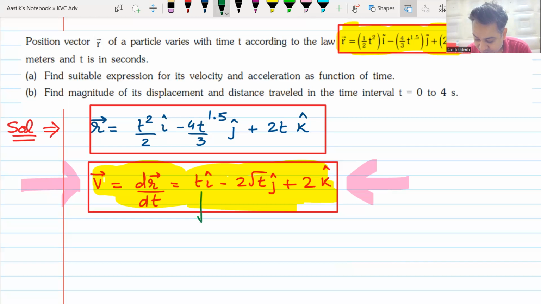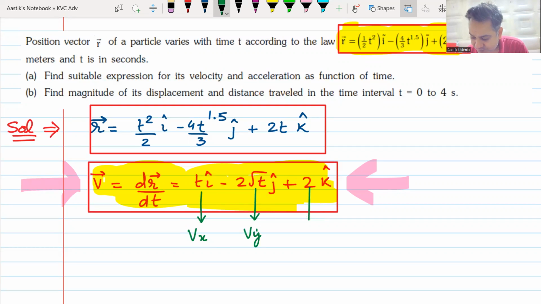This is the first component, this is the second component, and this is the third component. This first component is the velocity's x component.